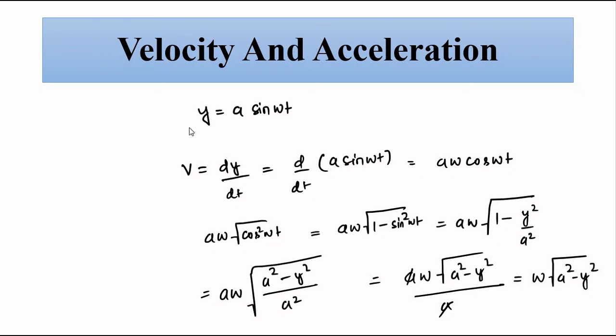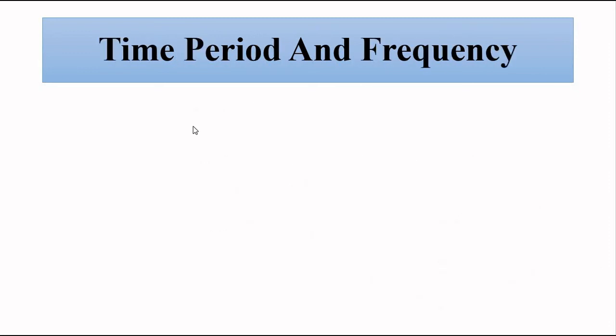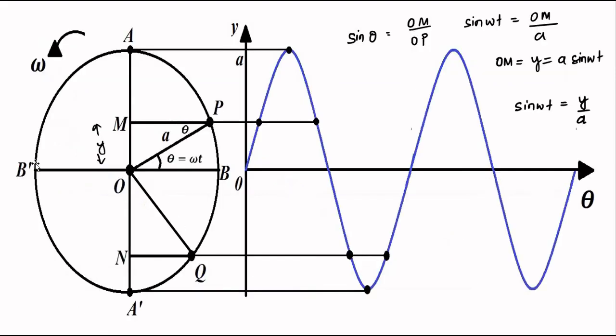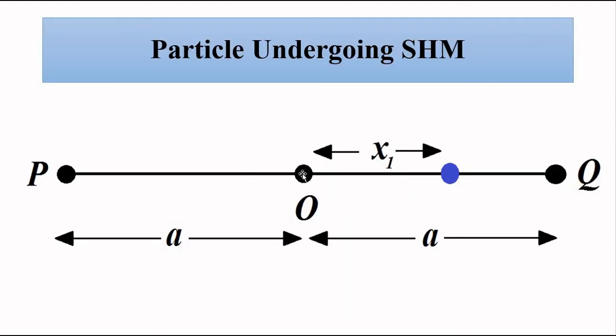Next is time period and frequency. We know that the time period of simple harmonic motion is the time taken to complete one vibration or one complete cycle, or one complete circular motion, which gives one complete cycle of simple harmonic motion, that is from O to P, P to Q, then back to O. When it reaches again the center, equilibrium or mean position, that is one complete cycle or one vibration.